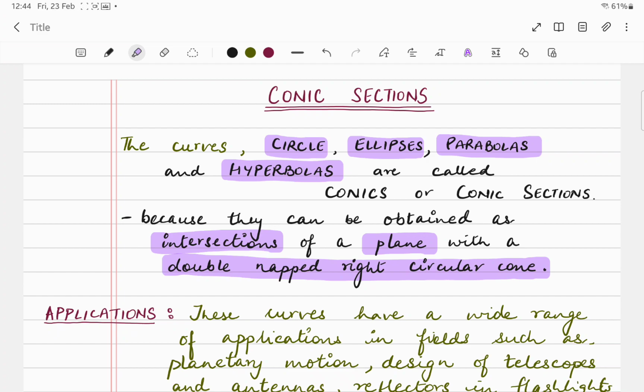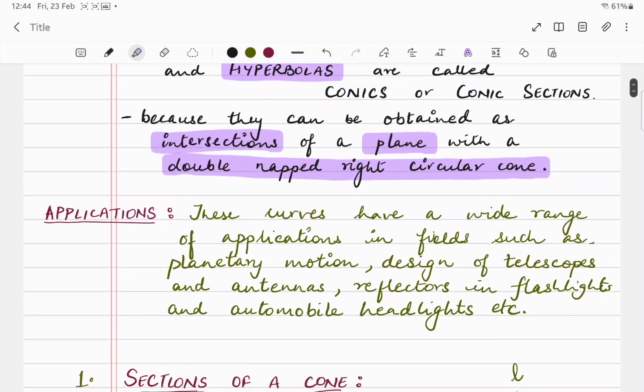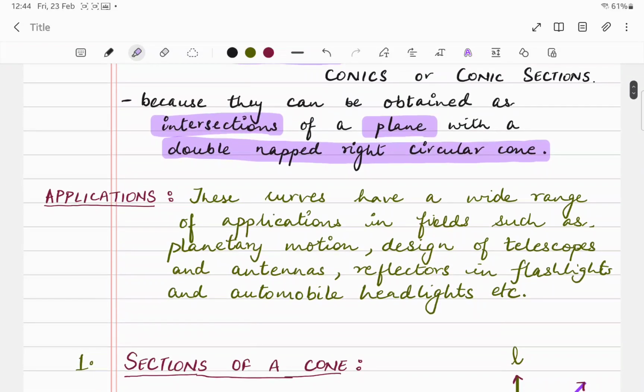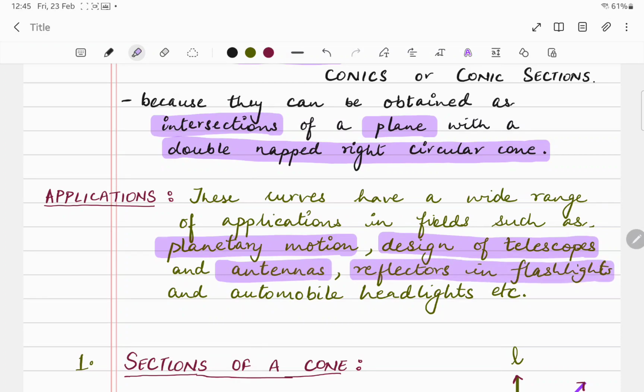So what are the applications? Why do we even learn about conic sections? Because these curves have a wide range of applications in planetary motions, the design of telescopes and antennas, reflections in flashlights, or the reflections in automobile headlights.